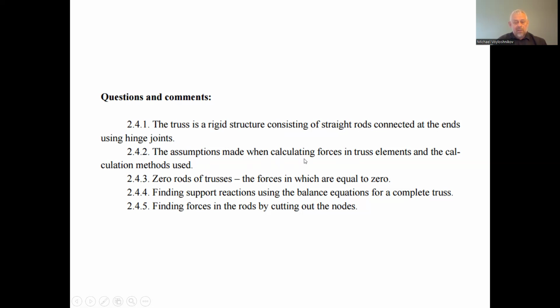The assumption made when calculating forces in truss elements and the calculation methods used: all load is applied only to the nodes and not on the rods themselves, and we neglect the mass, the weight, of the rods of the truss.